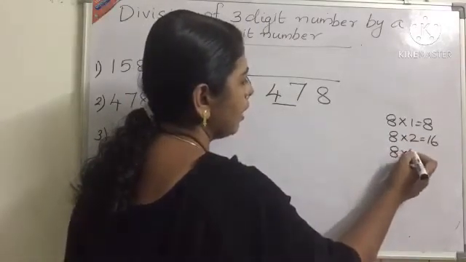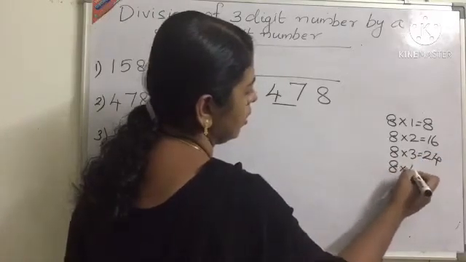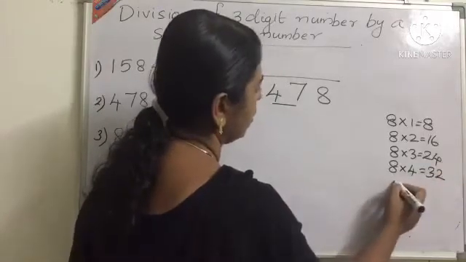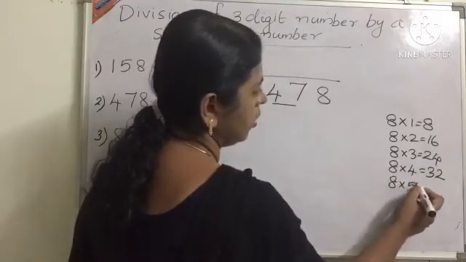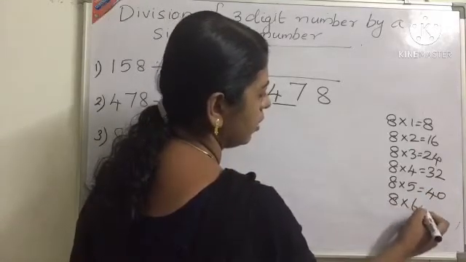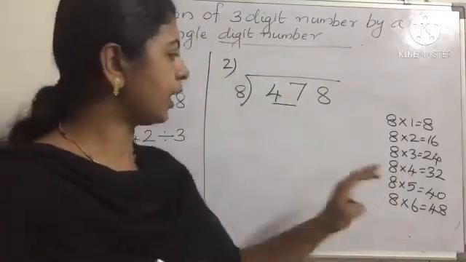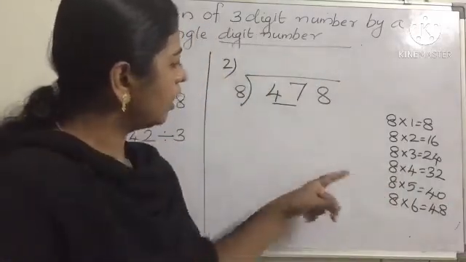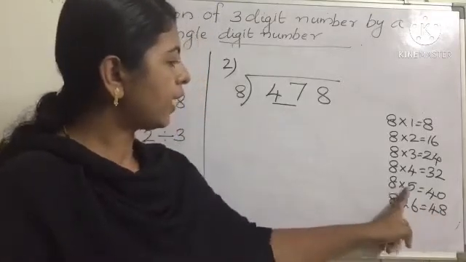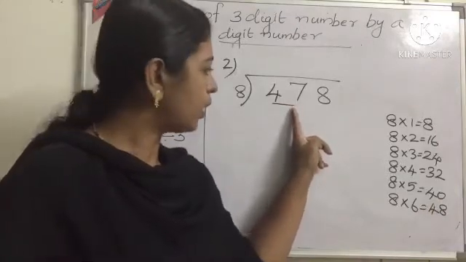Then 8 threes are 24. 8 fives are 40. 8 sixes are 48. Here it is 47.